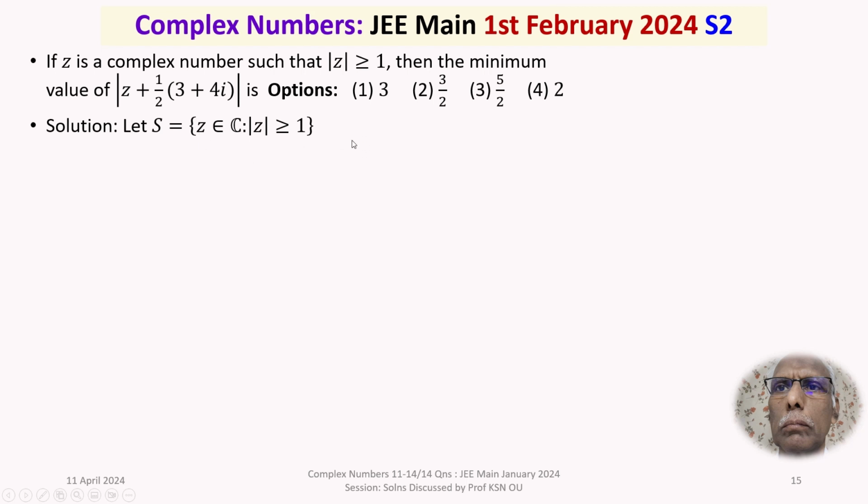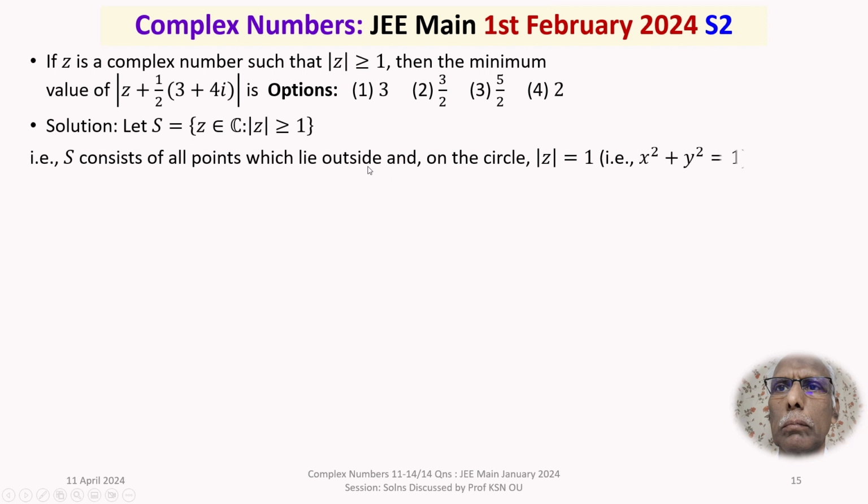S consists of all points which lie outside, because mod z is greater than 1, and on the circle, because mod z is equal to 1. The circle mod z equal to 1 is x square plus y square equal to 1. That means all the points in the exterior of the circle, including the points on the circle.